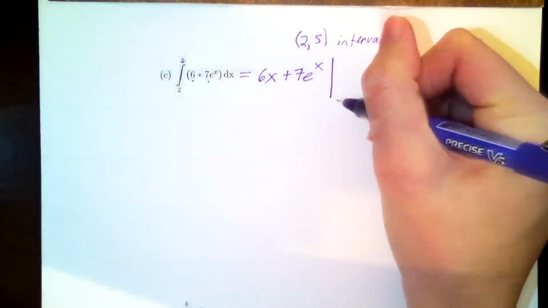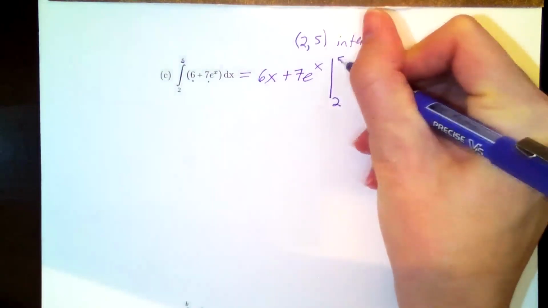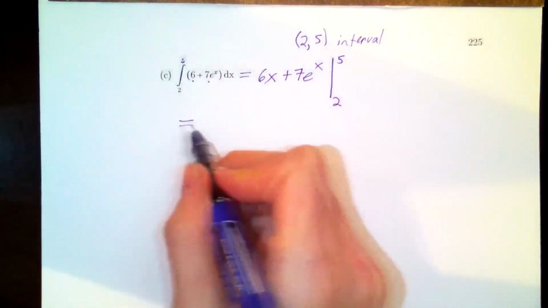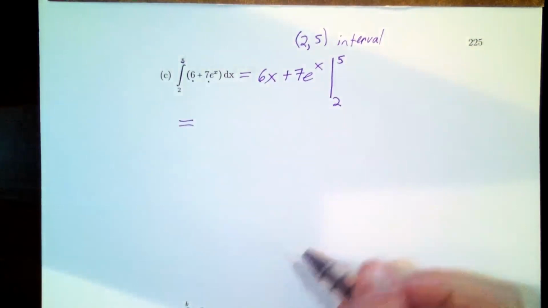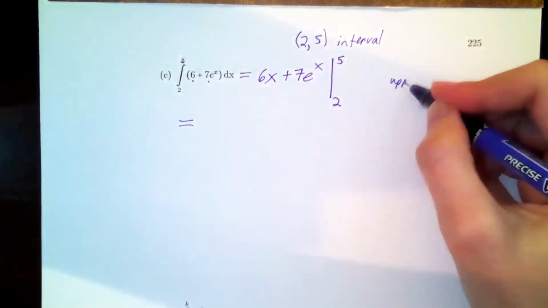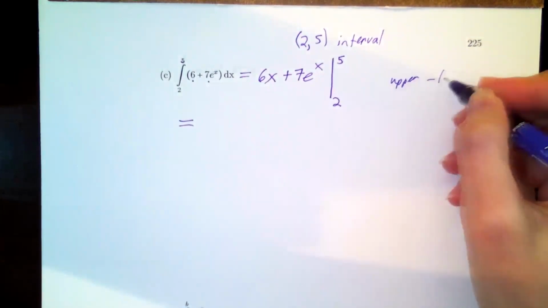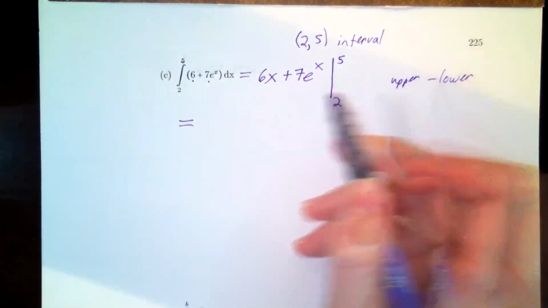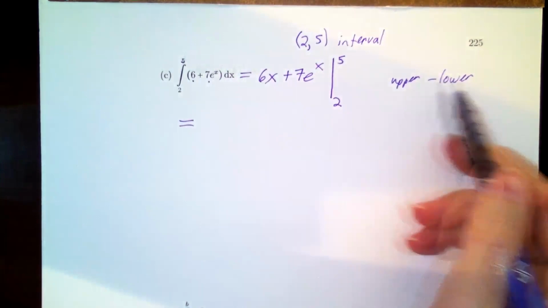Now, instead of doing a plus c and calling it done, this is where I go, okay, this is to be evaluated from 2 to 5, which means I haven't started plugging in numbers yet, but I will right now. First, upper number. We do upper number first, and then plug that in, and then plug in what you get. We plug in the lower number and subtract them.